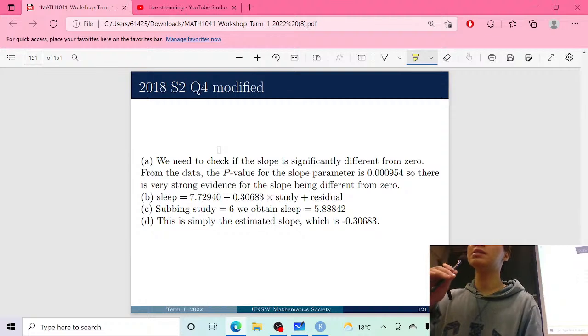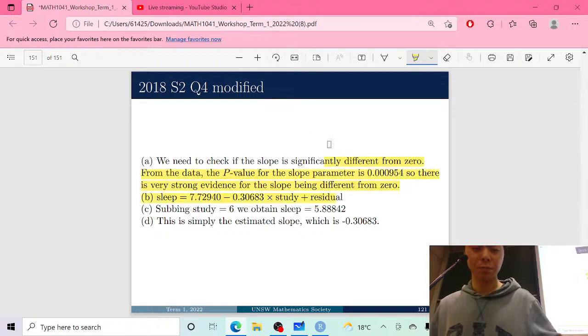So we can conduct a hypothesis test to determine whether or not sleep and study are significantly related. Here the idea is that we want to compute the p-value for the slope parameter, and we can do this by looking at the data that we're given.